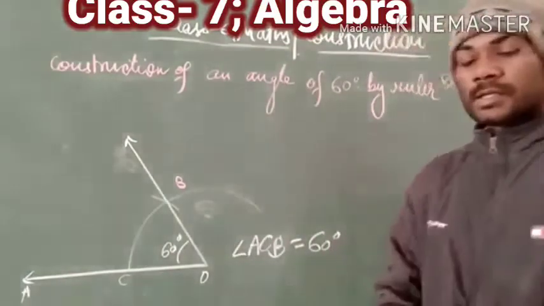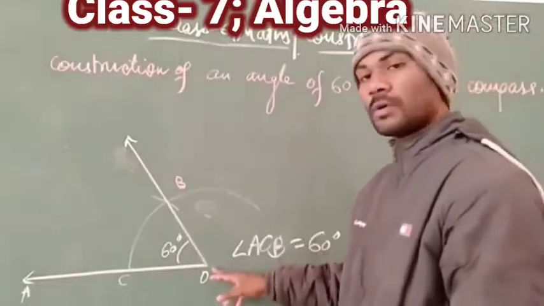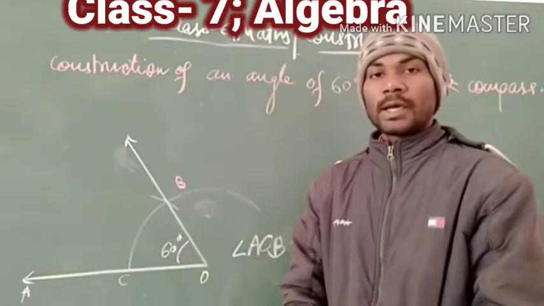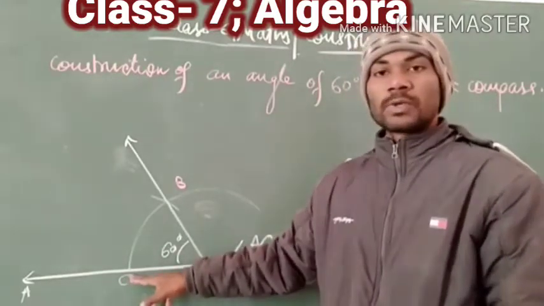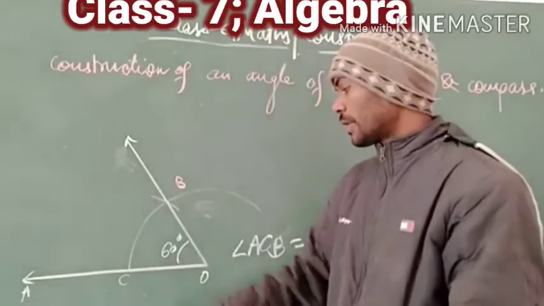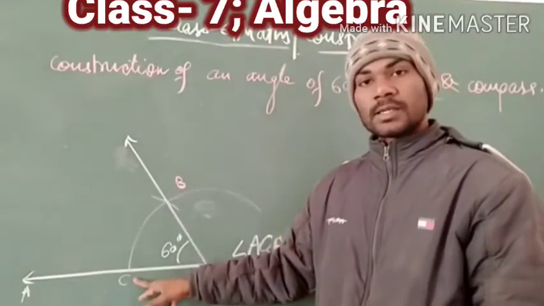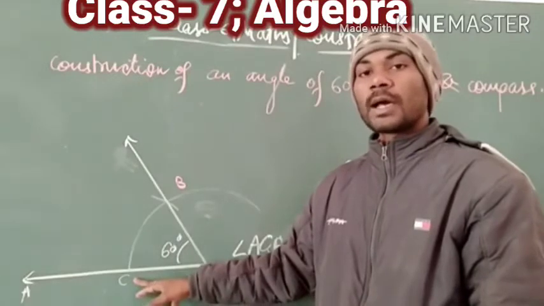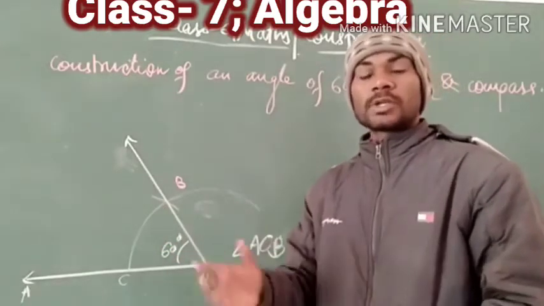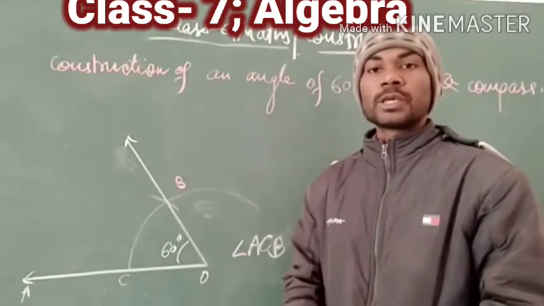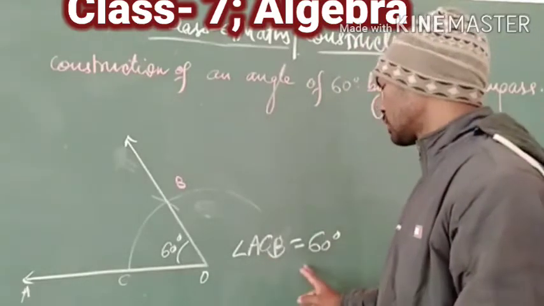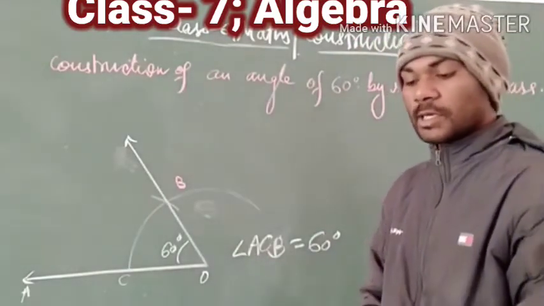In the second step, with the point O as a center and any convenient radius, draw an arc which cuts the ray OA at the point C. In the next step, with C as a center and the same radius, cut off an arc on the original arc at the point B. After this, join the point B to the point O, and hence we get angle AOB equal to 60 degree.